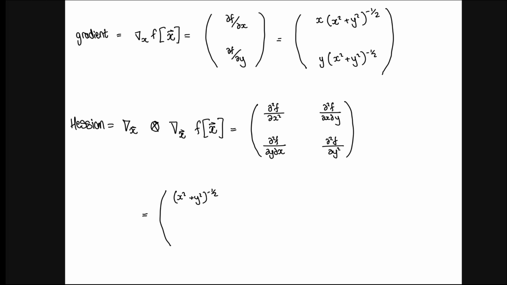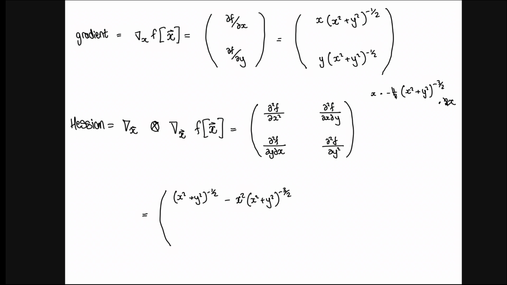And then I will get minus x times (x squared plus y squared) to the power of minus 3 over 2. That is because when I differentiate this part, the x stays the same. I will have to drop down the power, rewrite the bracket, minus 1 from the power, then multiply by the derivative of the bracket, which is just 2x.